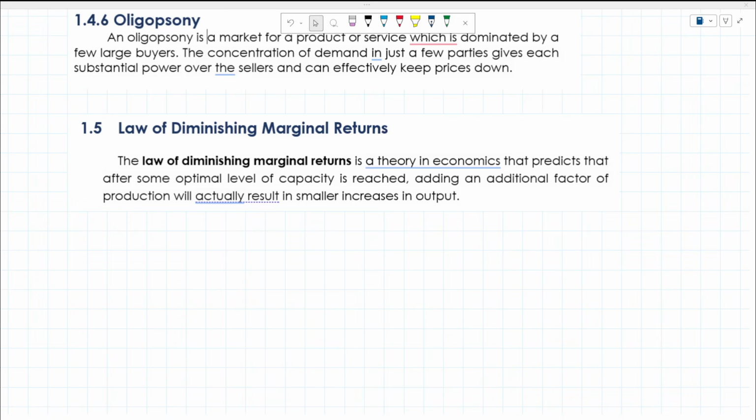So, let's say, kunyari, 5 chefs, nakakapagluto sila ng, let's say, 25 plates, no? Pag ba dinagdagan mo ng additional 5, magiging 50 plates ba yun? You can't say, no? Actually, lalo na kung yung place mo nga maliit, di ba? So, yun lang ang ibig sabihin natin dito, no?